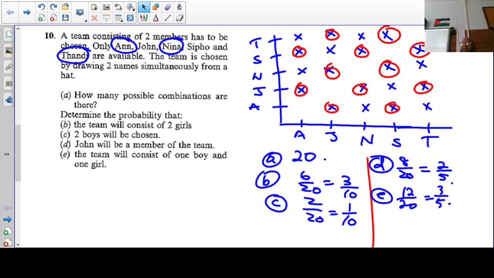What were you thinking of? D. Okay. As John was a member of the team, he won't be a member of the team, and you're supposed to separate John from the other people. I don't know how to. You don't know what you're talking about, okay?